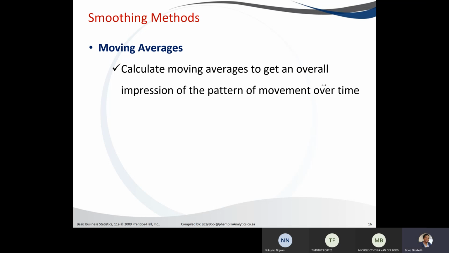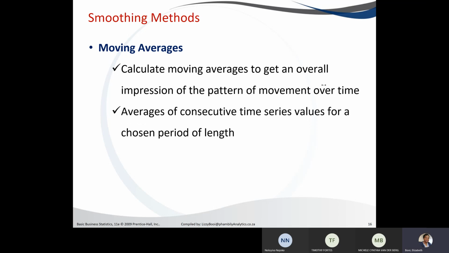And these averages will be the time series values for that chosen period and for that length. Like I said, if we say it's a three year moving average, it means it's going to take 3 years every time.